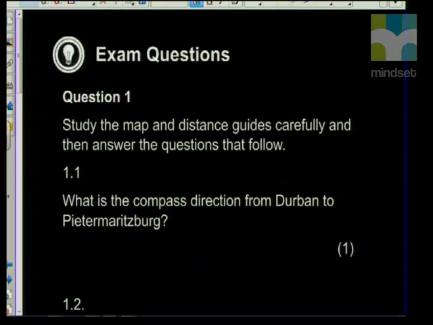Right, it said, first of all, study the map and distance guides carefully and then answer the questions that follow. What is the compass direction from Durban to Pietermaritzburg? Now, when I'm talking about compass direction, remember we said that we wouldn't look at the distance maps. We would be looking at the original map. That is going to be the one that shows you from which direction to which direction.